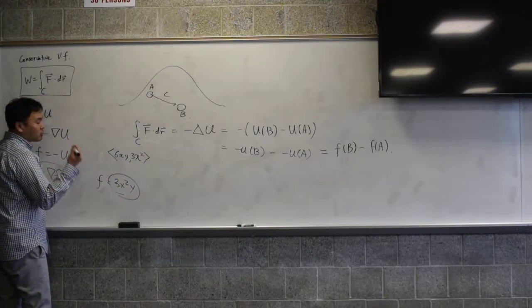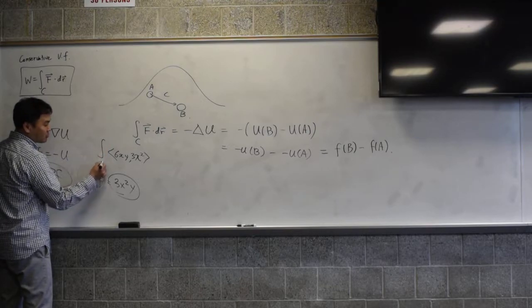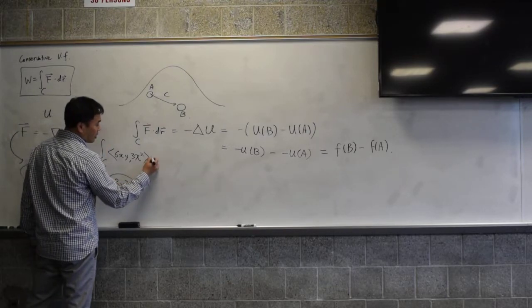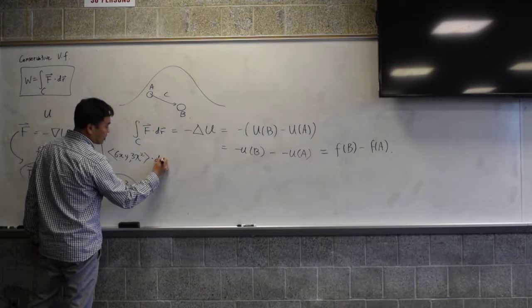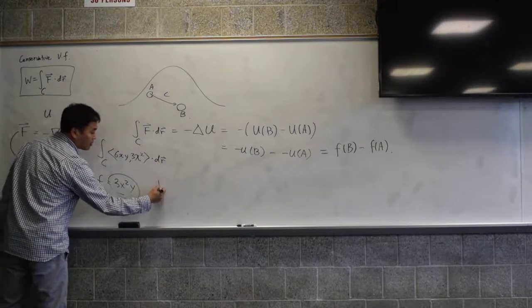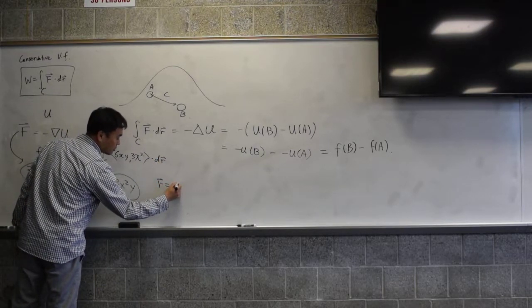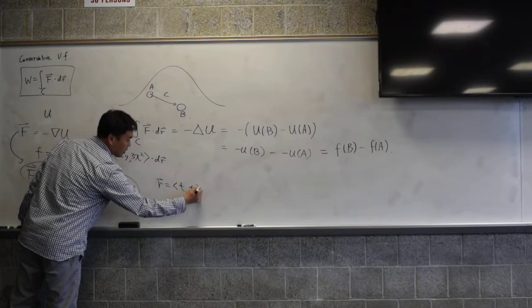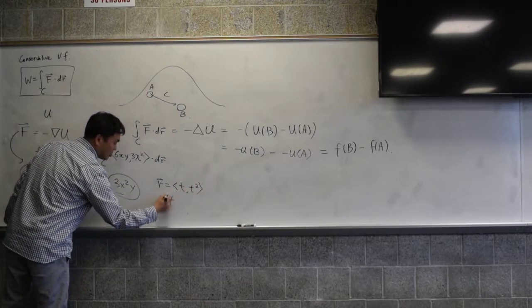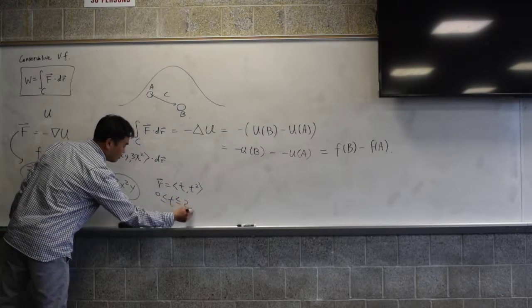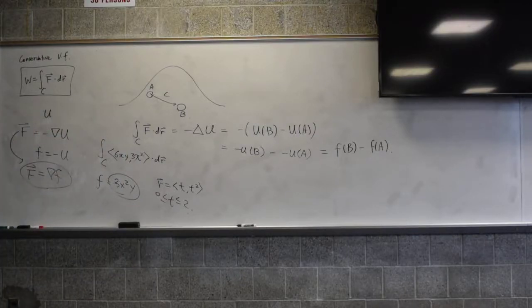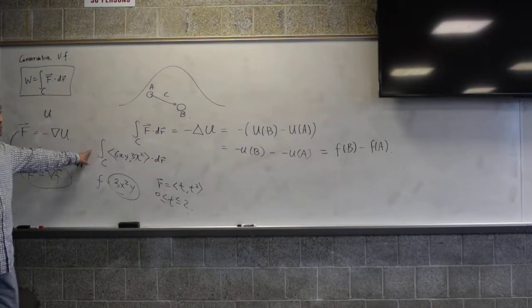Suppose we integrated this over C, F dot dr, where r is given as t comma t squared with t between 0 and 2. What will be this integral?